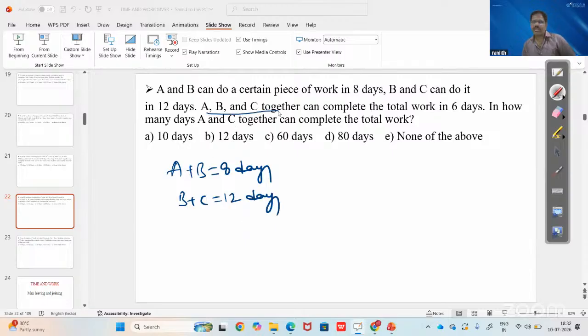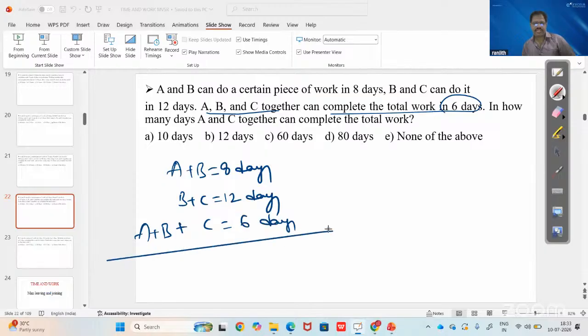A, B, C together can complete the work in 6 days. Now we need to take the LCM of these three. The LCM of these three is 24. 8 threes are 24, 12 twos are 24, 6 fours are 24.